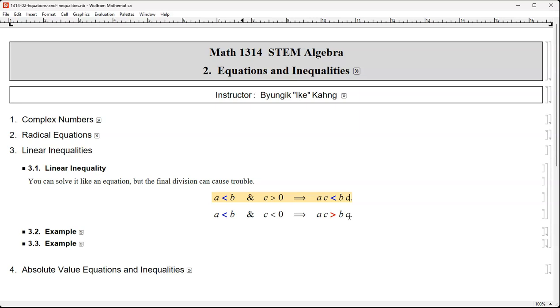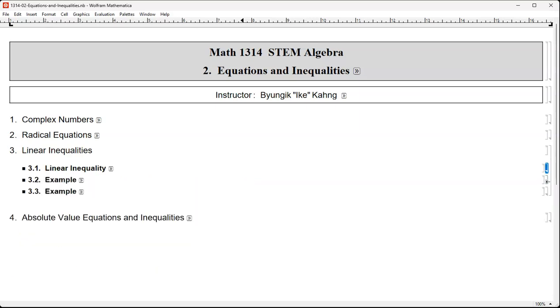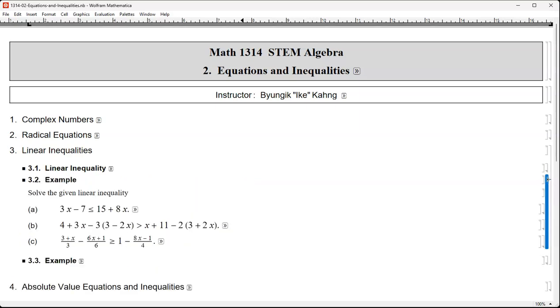If you multiply or divide by a negative number, then you have to flip the direction. That's the only thing to remember, and you can do everything pretty much like any kind of linear equations, except for a very last moment.